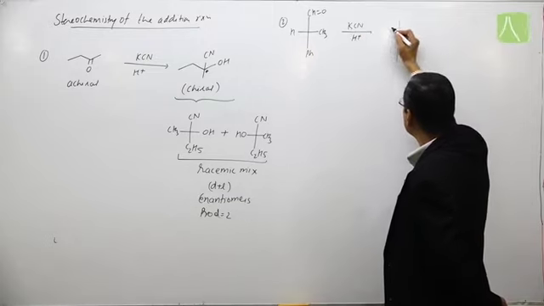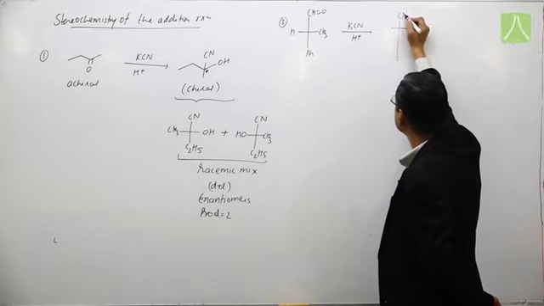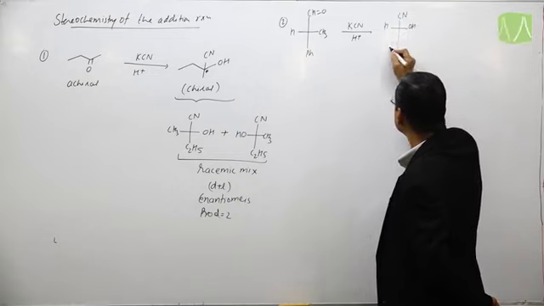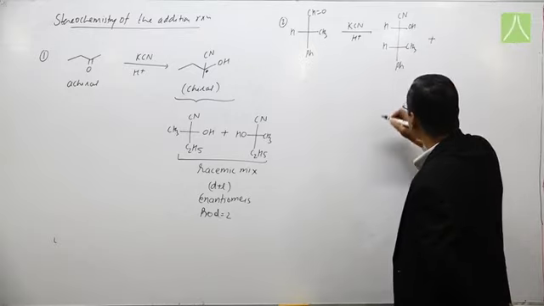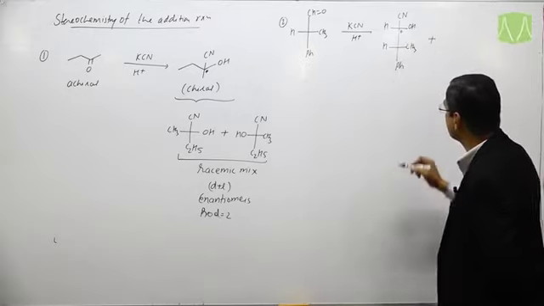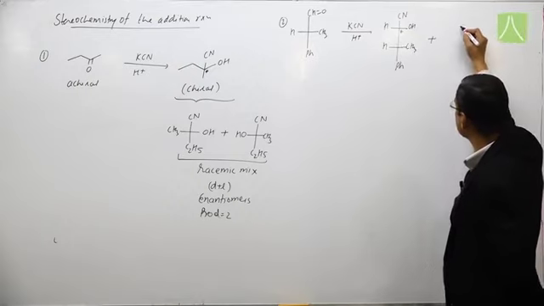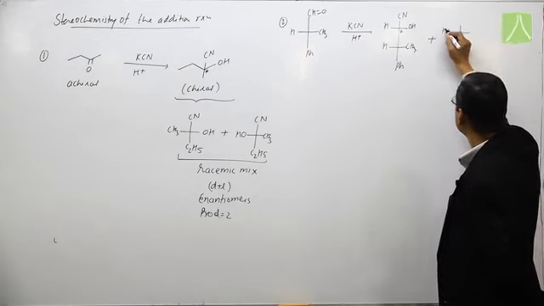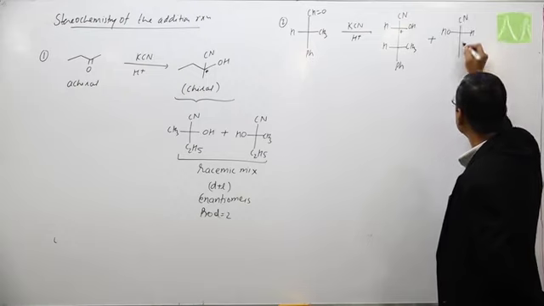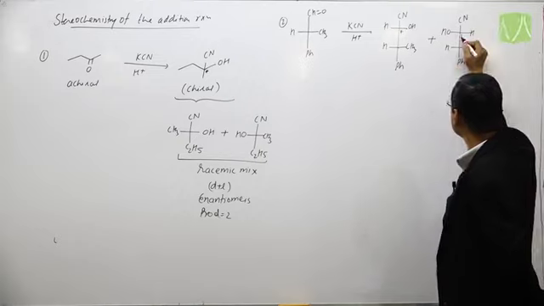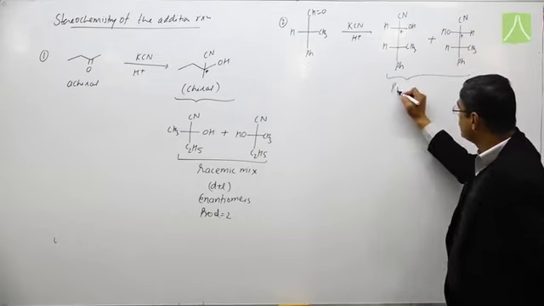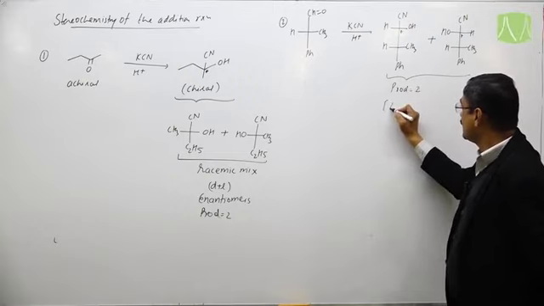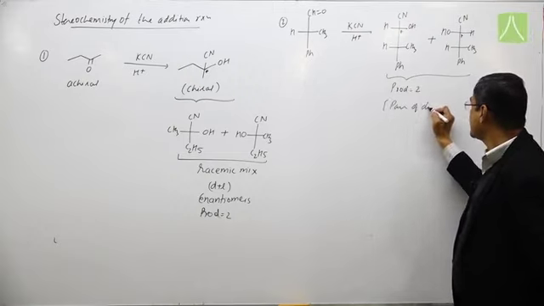So a new chiral center is obtained, but the previous chiral center is unaffected. This is the new chiral center. This is the previous chiral center. It is unaffected in this reaction. So again 2 products are obtained, because of only one new chiral center. So these are the 2 products, and the products are a pair of diastereomers.